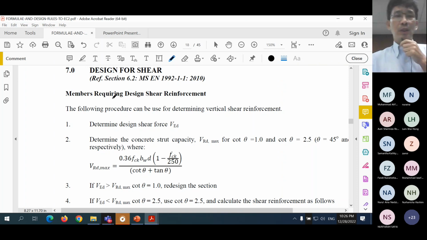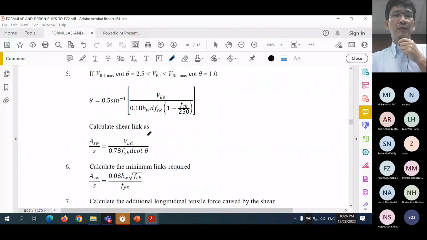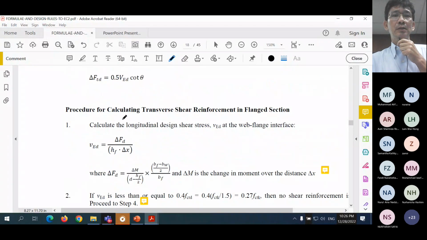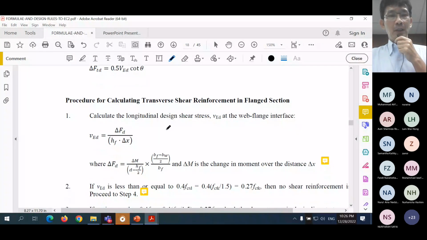But if there are flange sections, then you have to go through a bit lengthy steps. This is to calculate transverse shear.